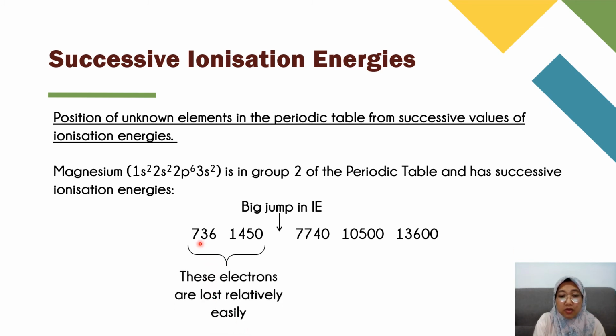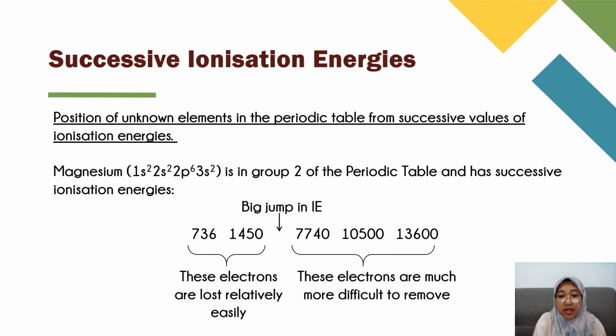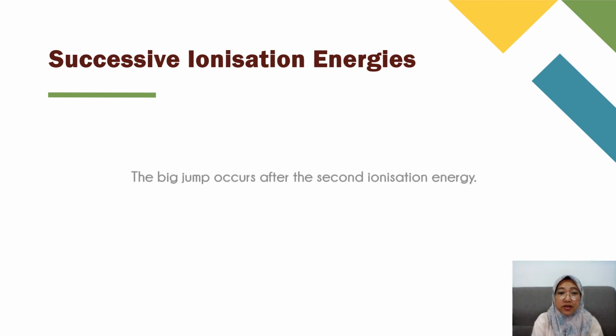Jadi kita boleh buat conclusion, the first and second ionization, so these electrons are lost relatively easily. Compared to the rest, the electrons are much more difficult to remove sebab dia dah berada dalam shell yang berbeza. Electron dia much closer to the nucleus.